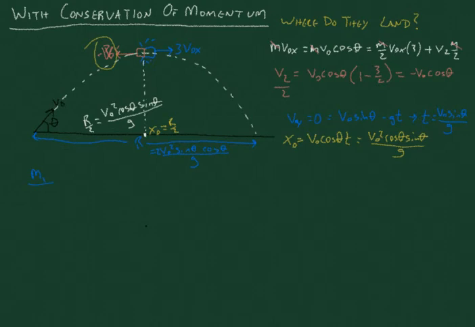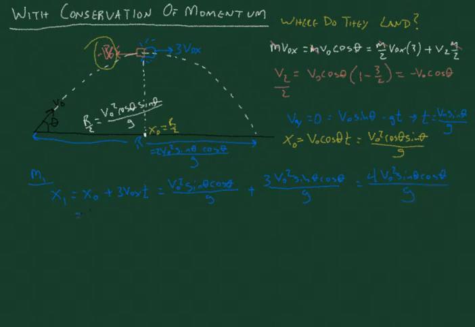So we know that x1 is going to be x0 plus 3 v0x times t, which is v0 squared sine theta cosine theta over g plus 3 v0x t, which is v0 squared sine theta cosine theta over g, or in other words, 4 v0 squared sine theta cosine theta over g.